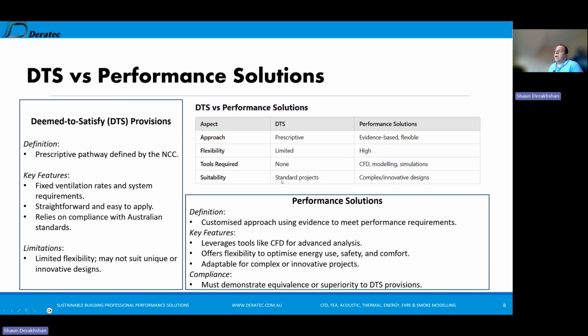Normally we use safety analysis for a performance solution or alternative approach. But sometimes we may still be following DTS, while decreasing cost or increasing efficiency to get Green Star.